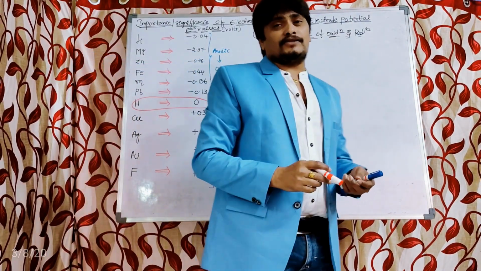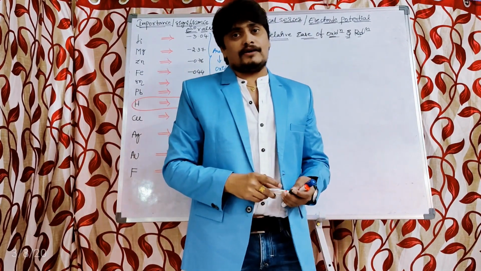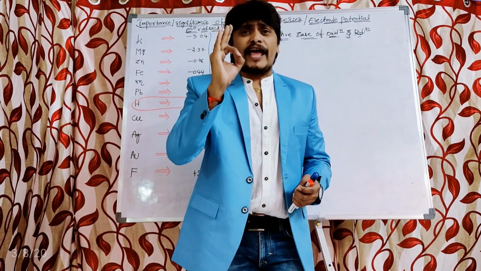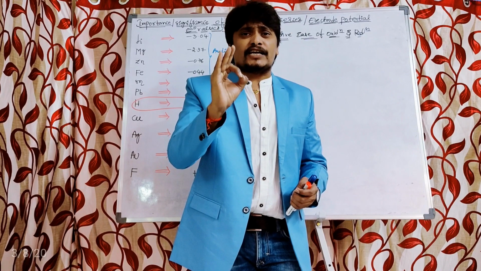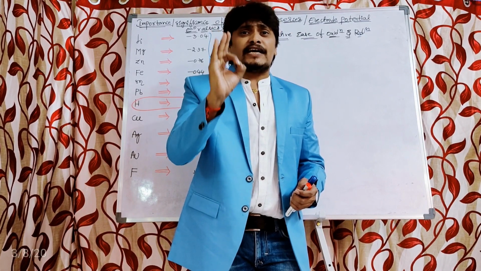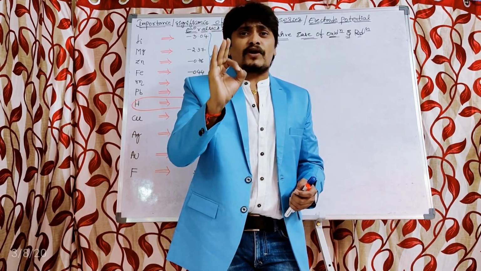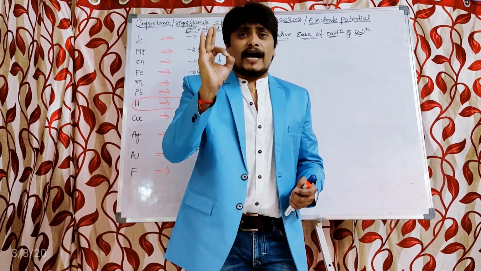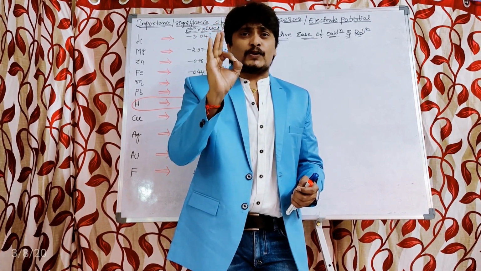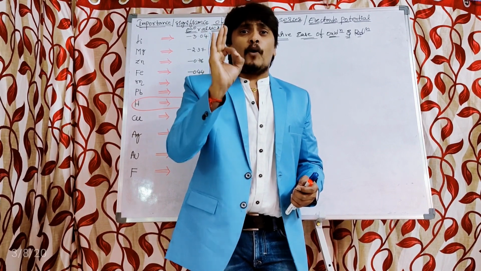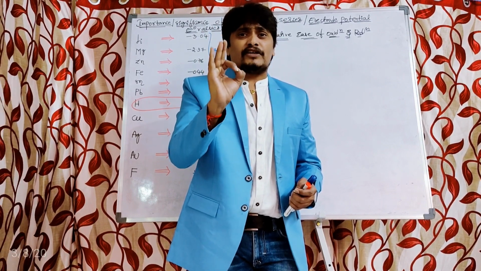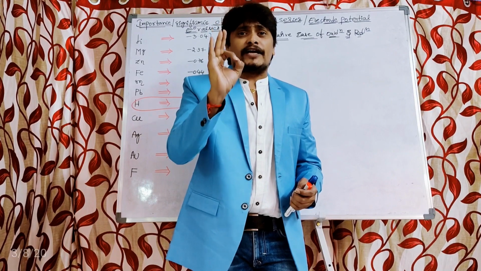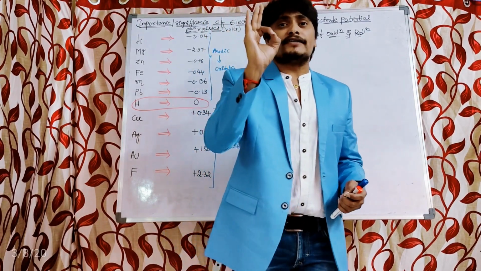So why is this? Why is it saying that the electrodes associated with negative standard reduction potential values act as anode and undergo oxidation, while the electrodes associated with positive standard reduction potential values act as cathode and undergo reduction?